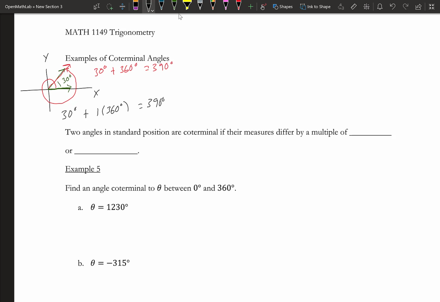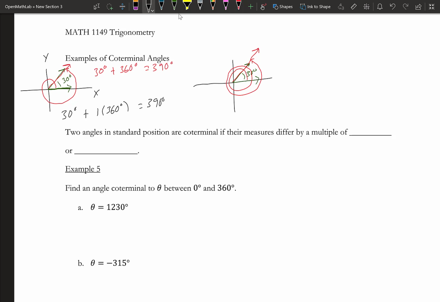So another example of this is if we start out with my 30-degree angle again, and then let's say I add 2 rotations to it. So I'm going to go around one time and then one more time and still land onto the same terminal side.